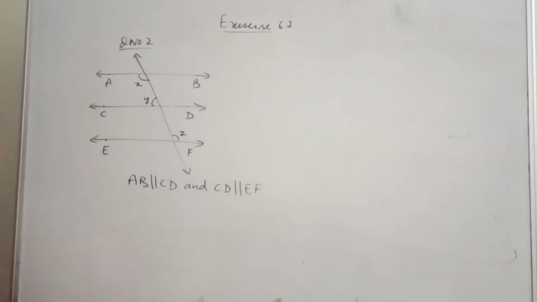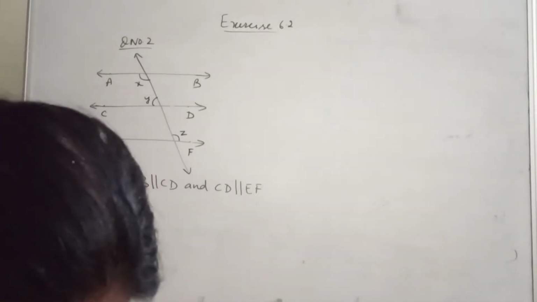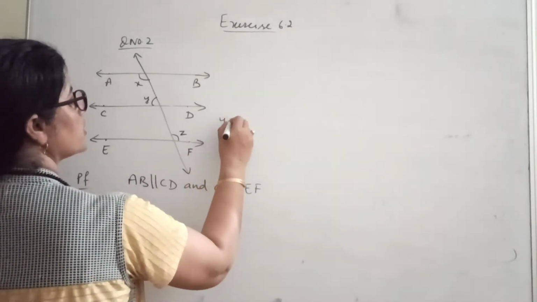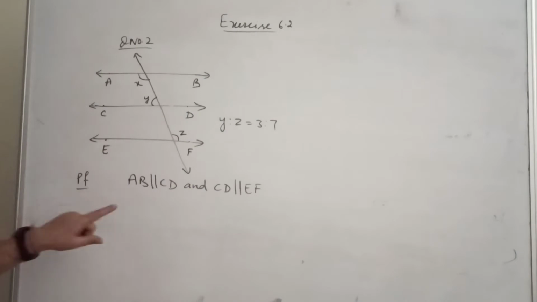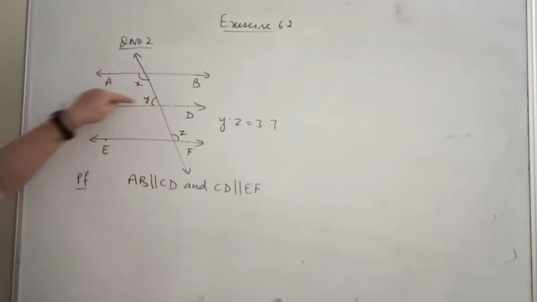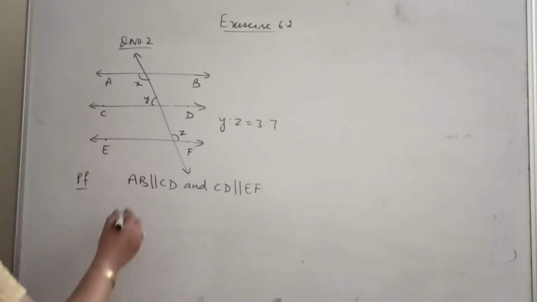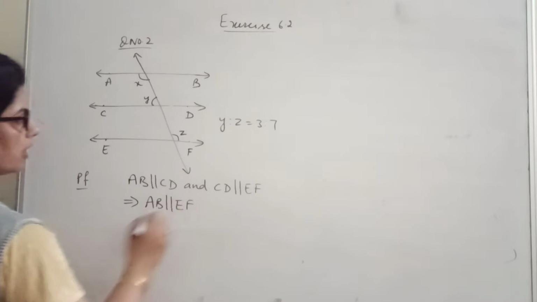So what can we write here? In this sum, what is given here? The ratio Y to Z is also given to us, 3:7, and the question is to find X. AB parallel to CD and CD parallel to EF. It means AB parallel to EF.